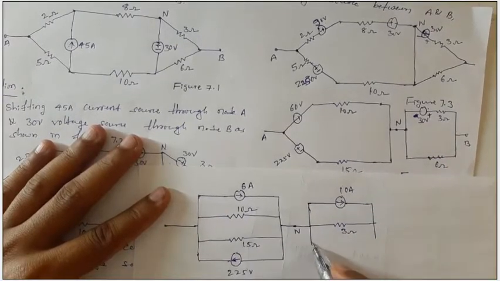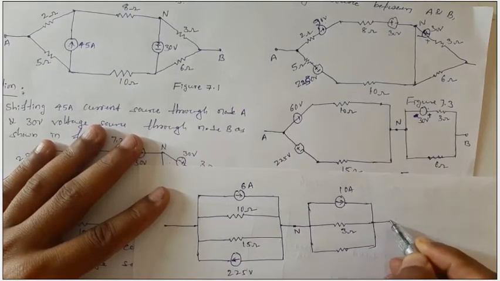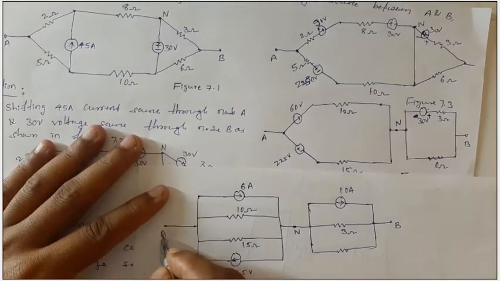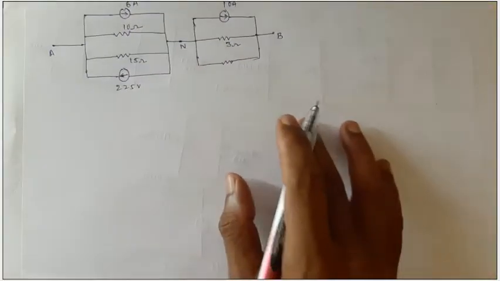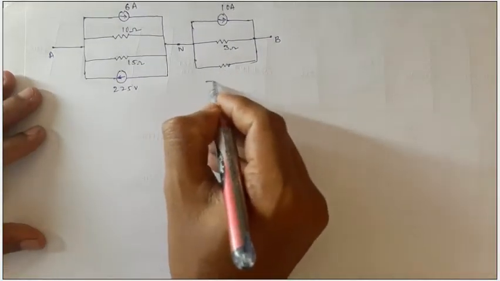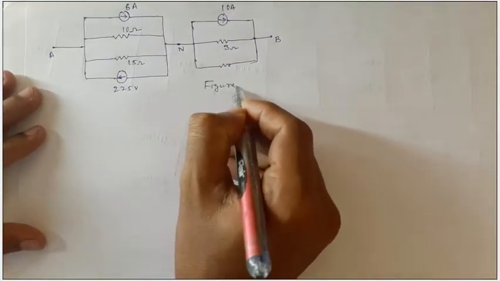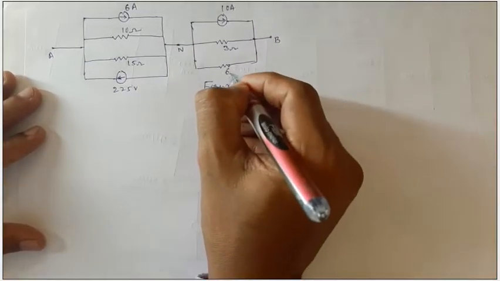Now this 6 ohm resistor I will draw as it is, and now this is B and this node is A, right? So we have redrawn the network once again, like this is the figure, as it was mentioned 7.5, and its value is 6 ohm.